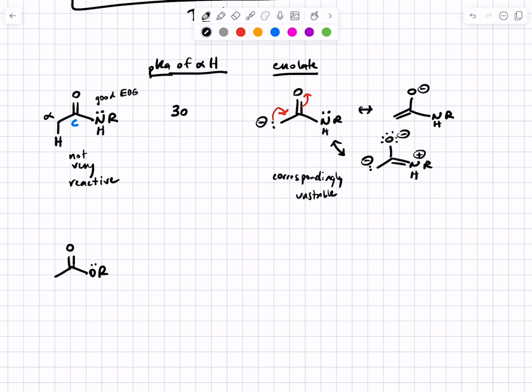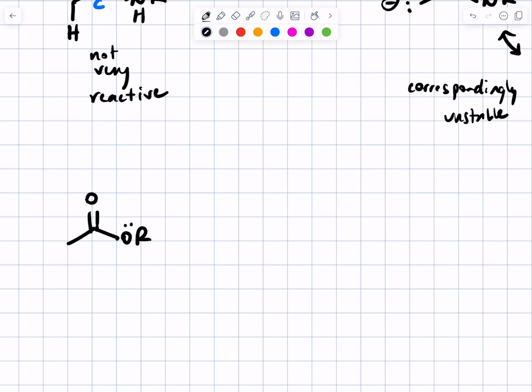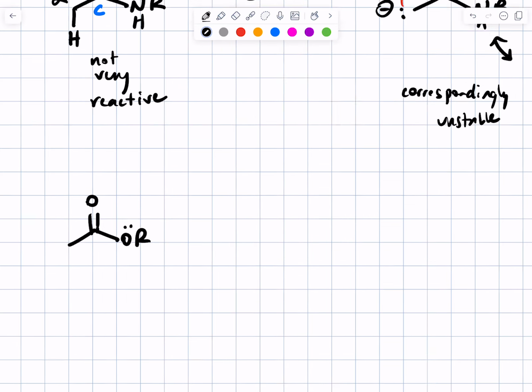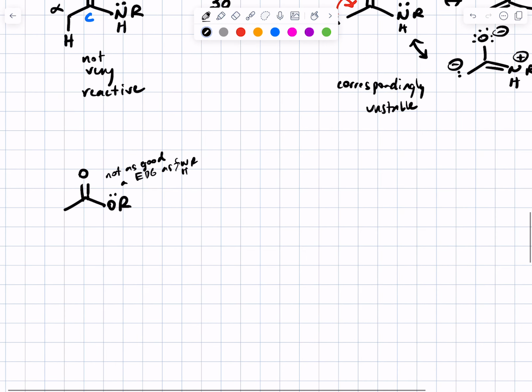Worse, why? Oxygen's more electronegative, meaning the electrons held on oxygen are lower in energy and less available to be donated. So, yeah, the ester is still an electron donating group, but not as good of an electron donating group as in the case of the amide.